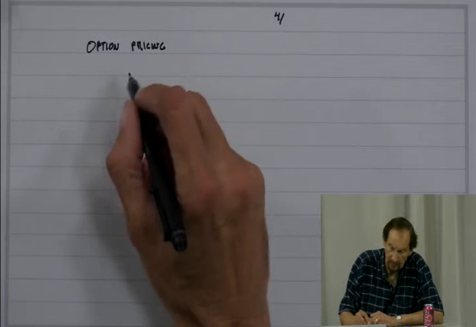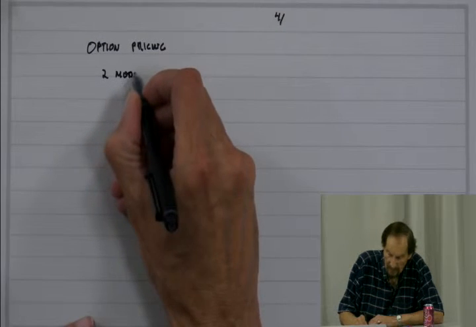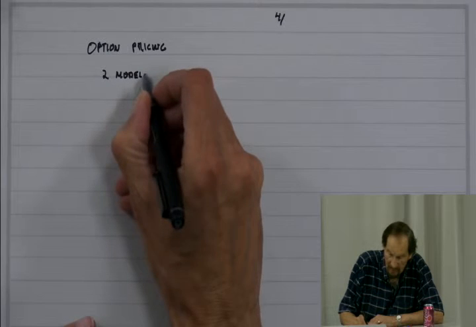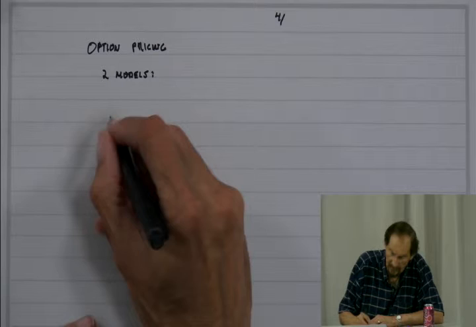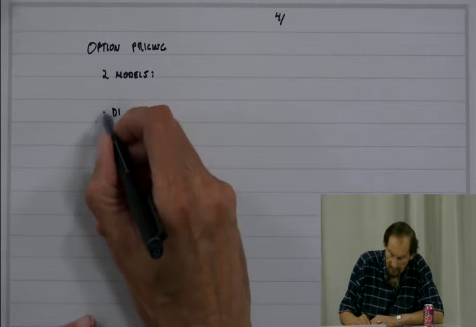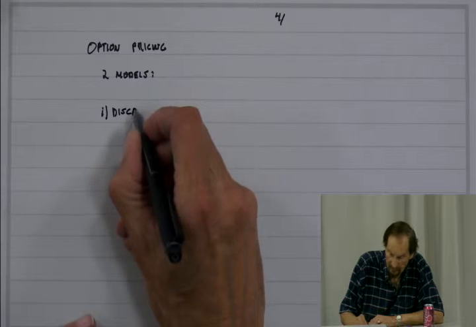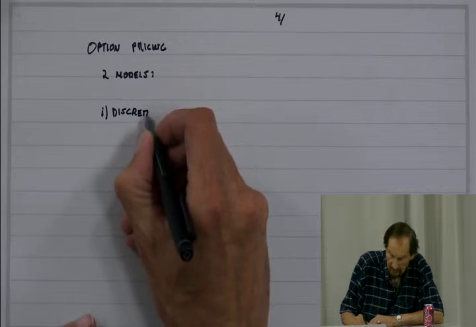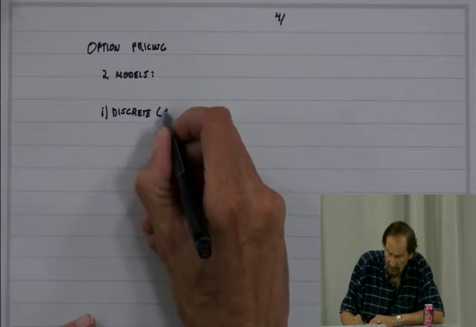There are 2 models, and these are 2 main models. One is discrete, and by discrete, we mean discrete time.